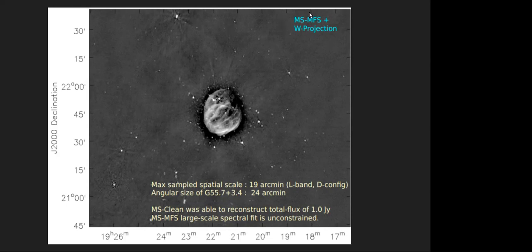So she applied all of these because she knows that it is a 1 gigahertz bandwidth or more. She also knows that it is a complex structure, so one should apply multi-scale. And she also knows that the W term should be corrected here, so she applied the W projection algorithm, and you see that it is far better than the first one, whatever I made.